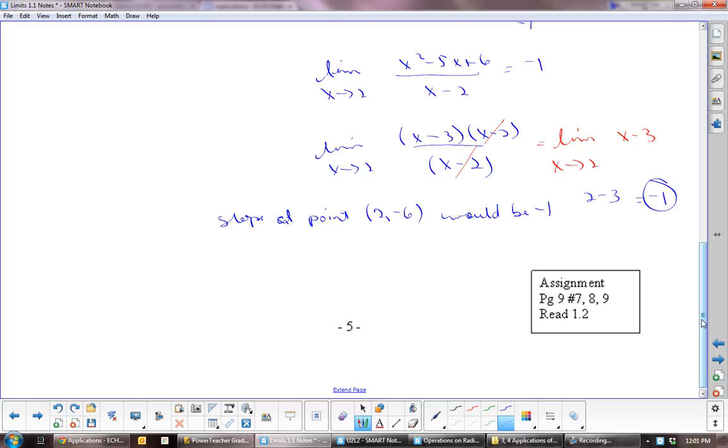Okay, and then quickly the equation would be y plus 6 equals the slope times x minus 2. Y plus 6 equals negative 1 times x minus 2. So x plus y plus 4 equals 0 is in general form.